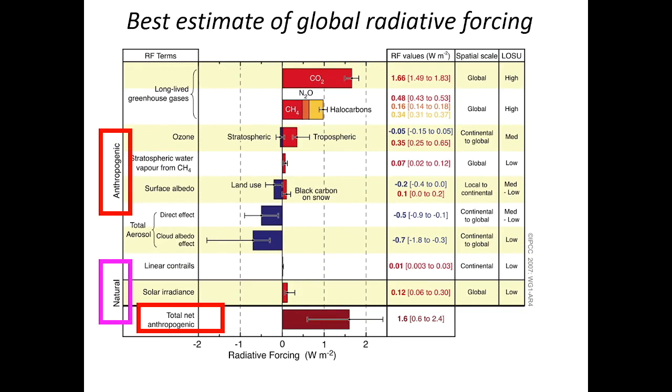Now, coming to the different estimates. The best estimate of global forcing provided by IPCC so far shows that carbon dioxide is still the maximum contributor to the global radiative forcing, followed by methane and other greenhouse gases. But the aerosols, particularly, their net effect is to reduce heating. That is, they contribute towards global cooling.